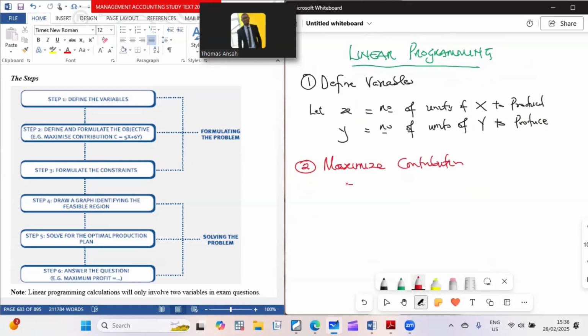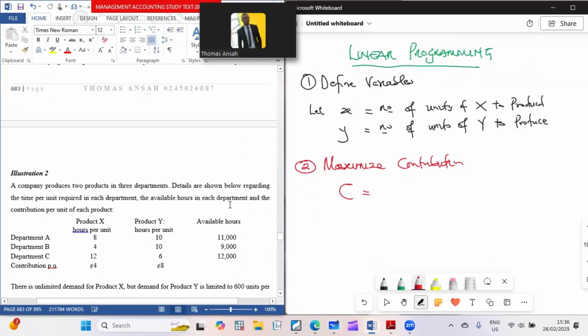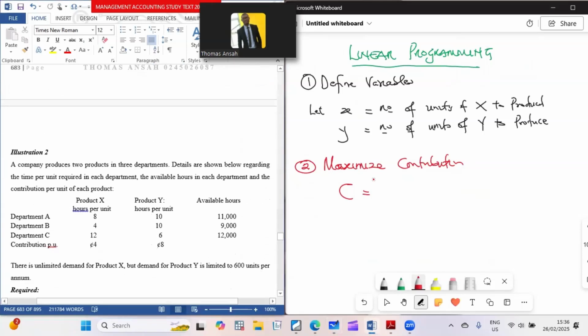So contribution maximization will now be equal to, now what is the contribution per unit of X? So we will say 4X, because this is the number of units, plus contribution of Y, 8Y. So this is our objective.